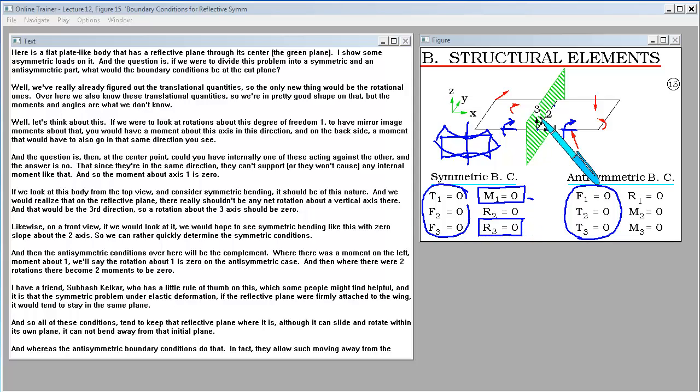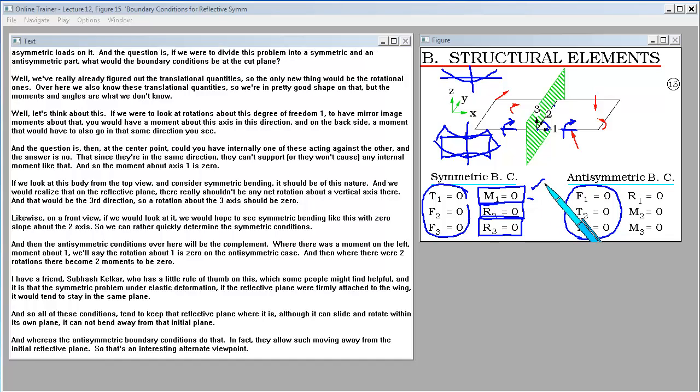Likewise, on a front view, we would hope to see symmetric bending like this with 0 slope about the 2 axis. So we can rather quickly determine the symmetric conditions. And then the anti-symmetric conditions over here will be the complement, where there was a moment about 1, we'll say the rotation about 1 is 0 on the anti-symmetric case. And then where there were 2 rotations, there become 2 moments to be 0.